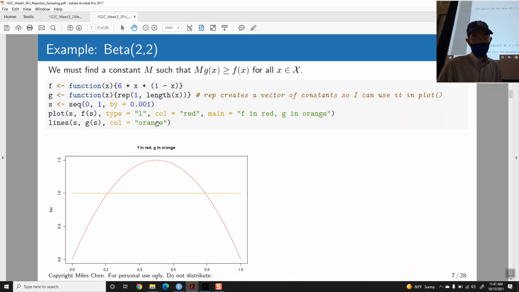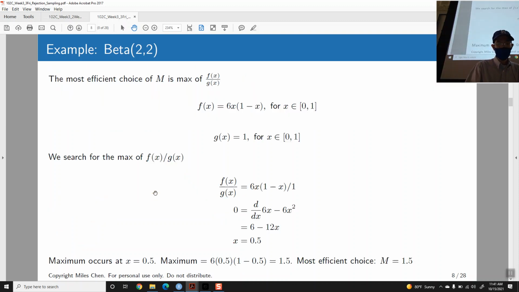The best choice is the maximum ratio between the red line and the orange. Looking at this, it's tallest right here at 1.5, but we can also do it mathematically.